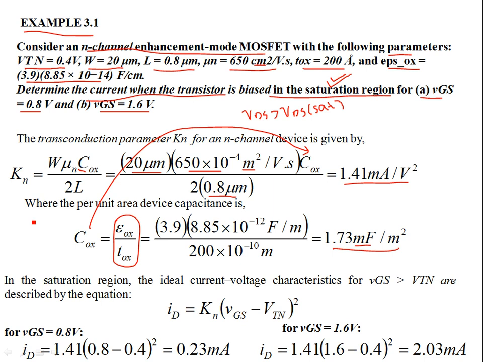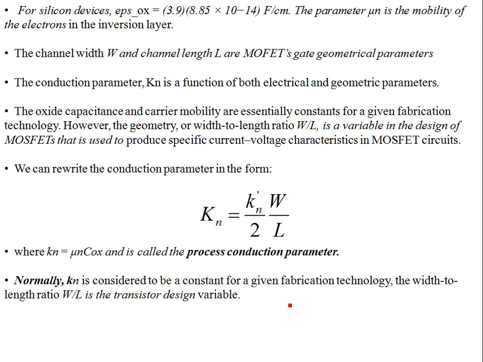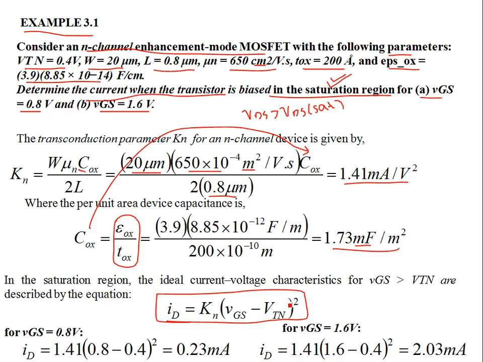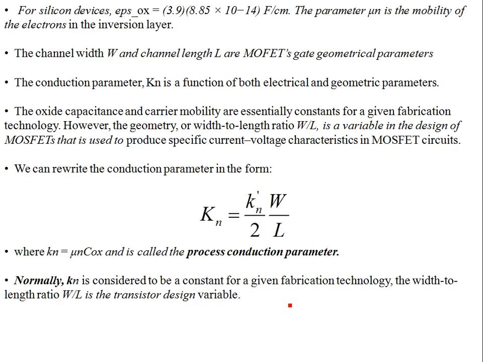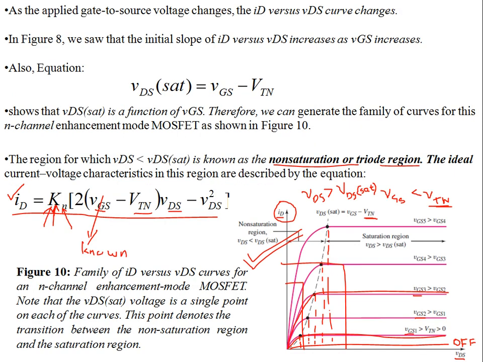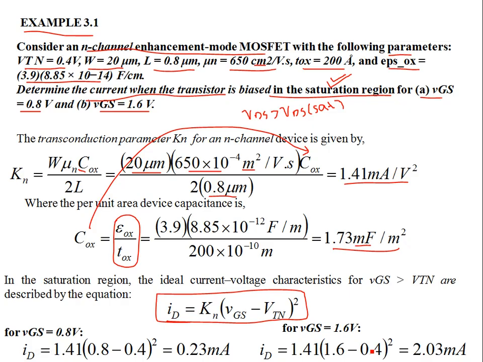All right, and then you can use the equation where you have Kn. So you can use the analytical expression for the current and the voltage. So we have two values of VGS. Since we don't have VDS, we cannot go for a graphical solution over here. So from the VGS and VTN is 0.4 volts, which is given over here.